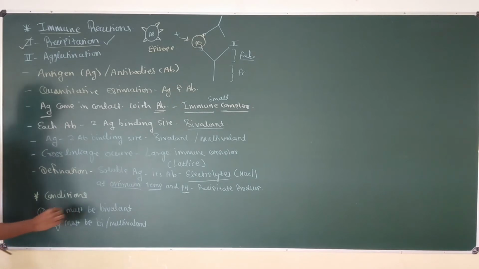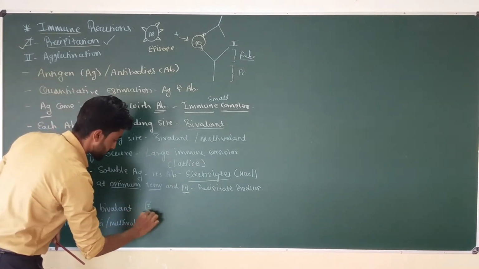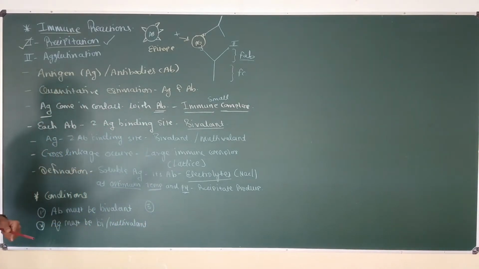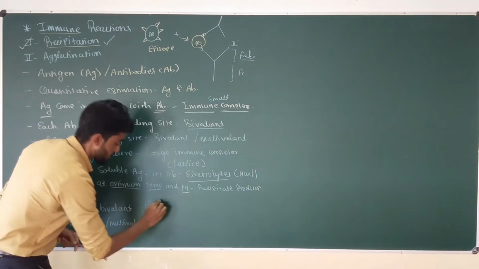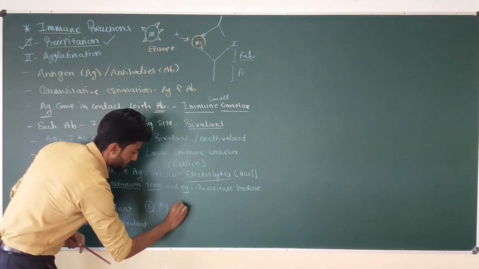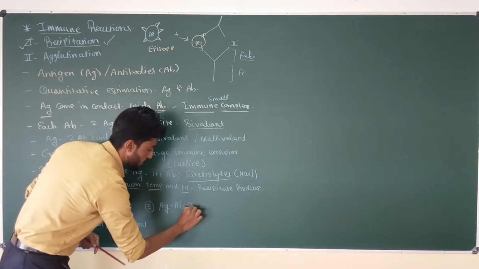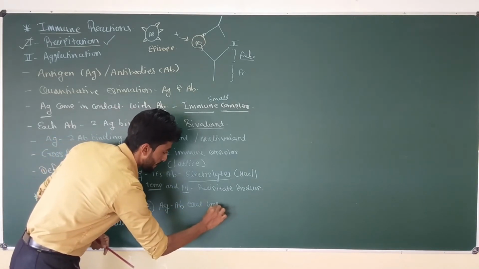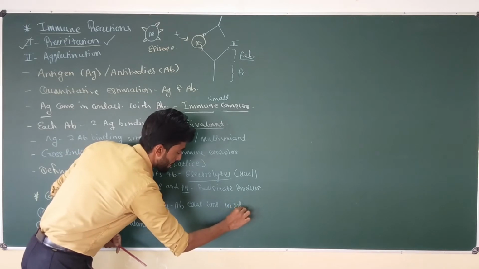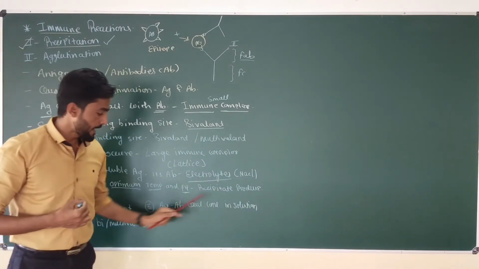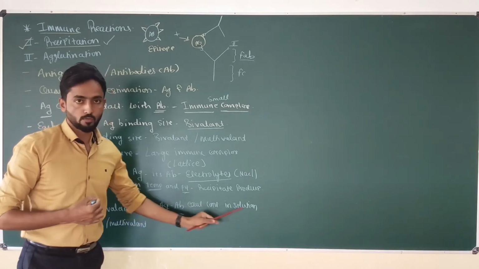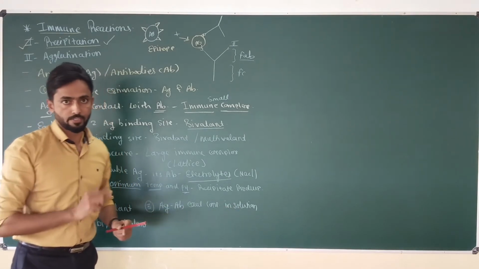The third condition is the antigen and antibody should be present at optimum concentration. Okay, so antigen and antibody must be present at equal concentration in solution. Okay, so the concentration of antigen and antibody must be equal in the solution that ultimately produces the precipitation reaction.